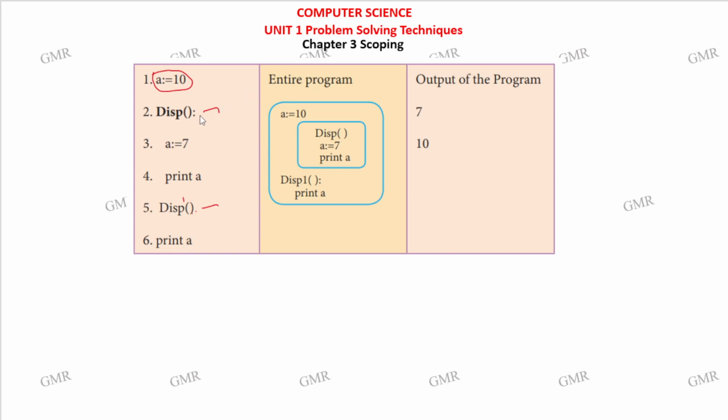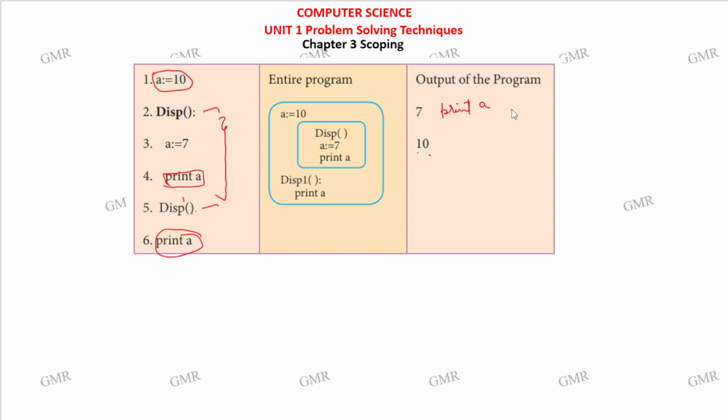So listen, in this function, the value of a acts as 7, but in the entire program, the value of a is 10. That's why for the first print a, the output is 7, and for the next print a, which is global, the value is 10.